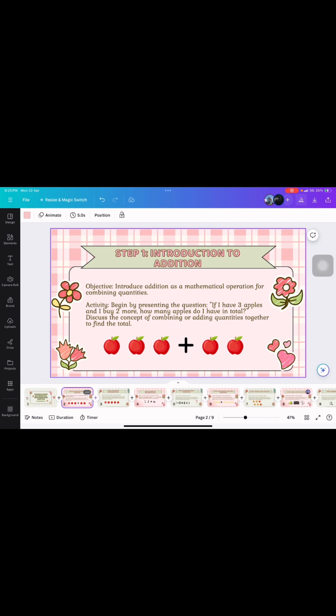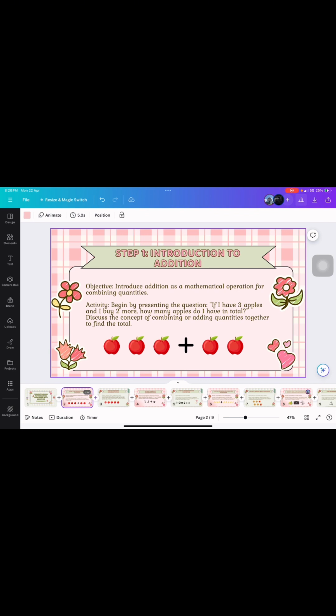This concept of combining quantities is at the heart of addition. It's like putting pieces of a puzzle together to see the whole picture. By understanding how to add or combine numbers, we can solve many real world problems, whether it's counting objects, calculating distance, or even determining the total cost of items at the store.